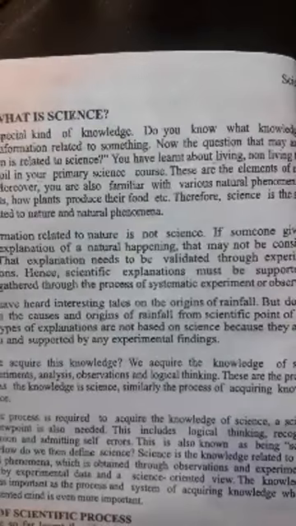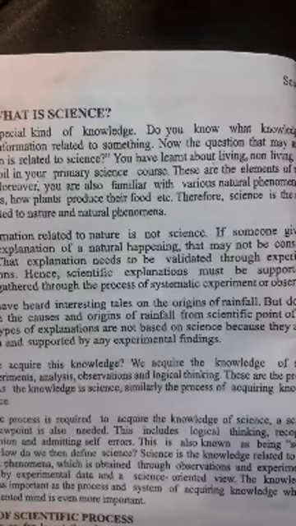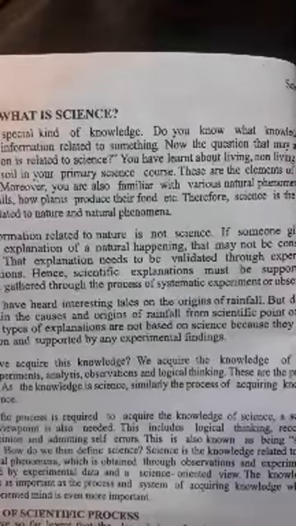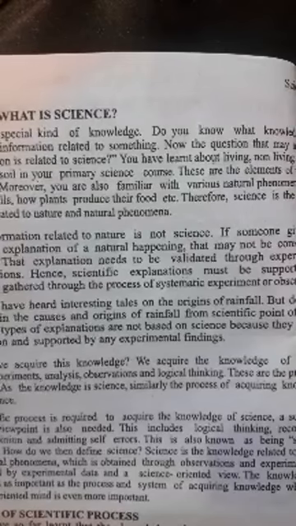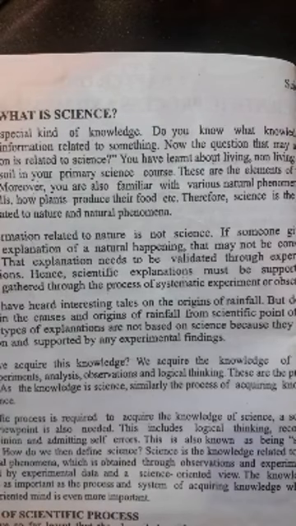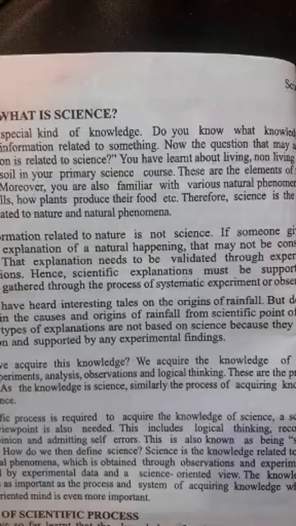This is also known as being science oriented. How do we then define science? Science is the knowledge related to nature and natural phenomena which is obtained through observation and experiment or supported by experimental data and a science oriented view. Experimental data, it must be some collected information, and a science-oriented view.